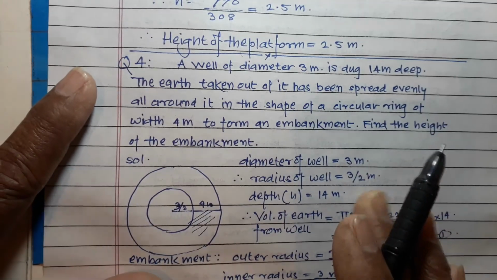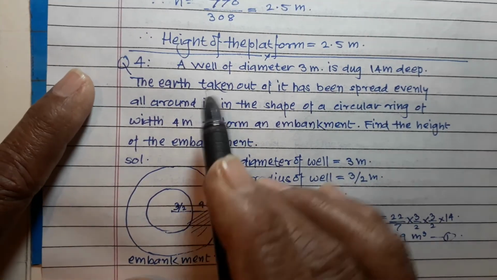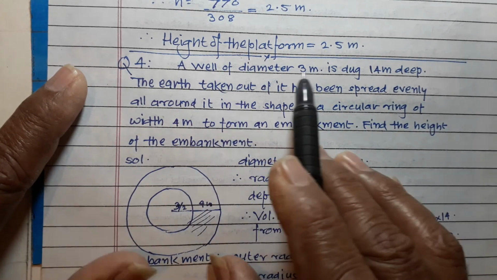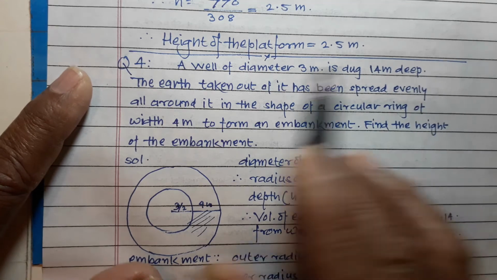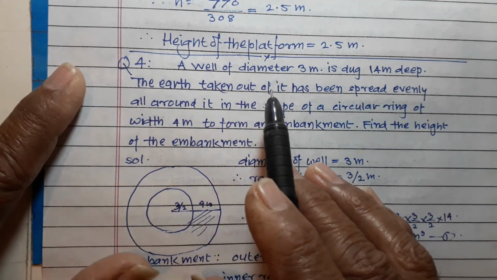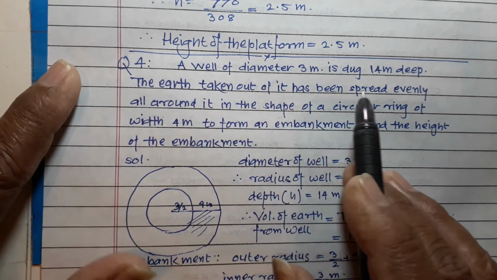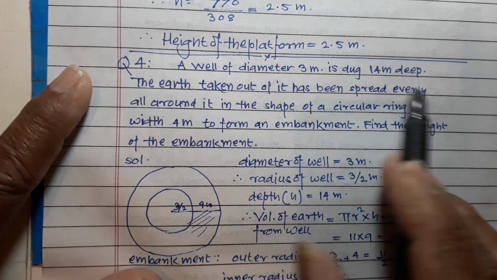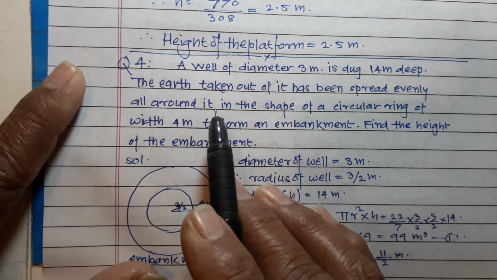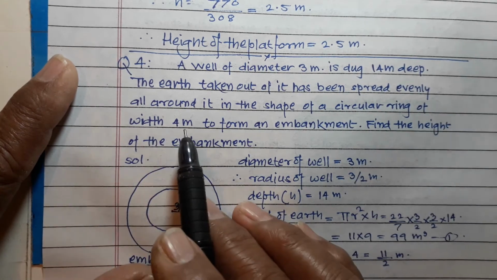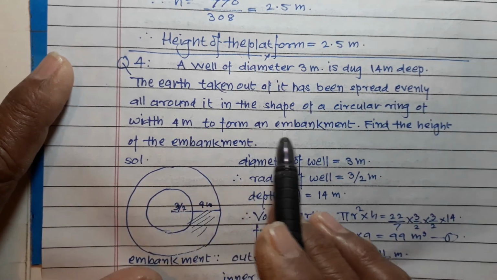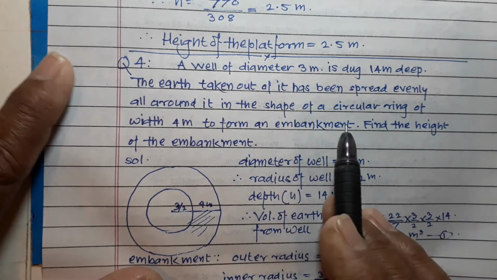Question number 4. Now this question is important. A well of diameter 3 meter is dug 14 meter deep. The earth taken out of it has been spread evenly all around it in the shape of a circular ring of width 4 meters to form an embankment.